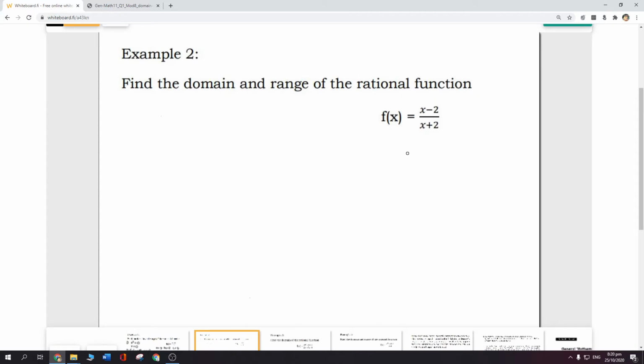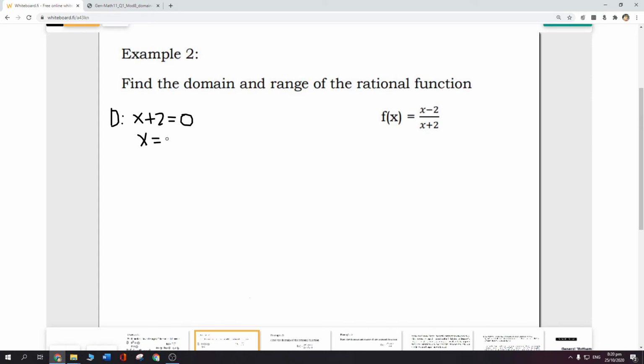And for our example number 2, find the domain and range of the rational function f of x equals x minus 2 over x plus 2. So let D be our domain. Our denominator is x plus 2, equate that to 0. Then solve for x.